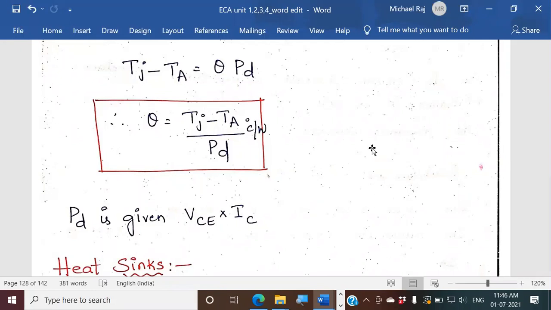So in order to do that, tell me in which case the heat transfer will be more: when the surface area is more, case 1, or when the surface area is less. Our target is to throw away the heat as much as possible. So to throw away the heat, should we have more surface area or less surface area? Please answer.